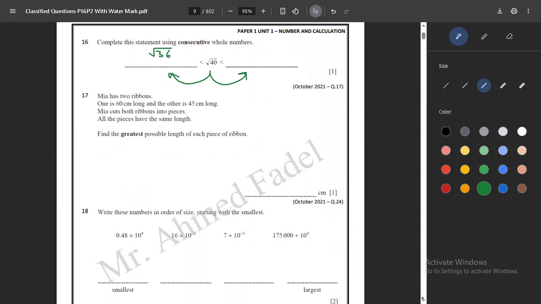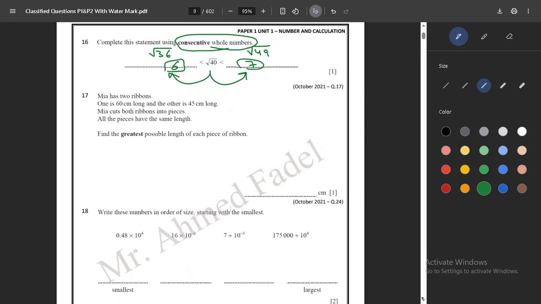And what is the perfect root after it? The perfect root after it is root of 49. So it is between 6 and 7, because square root of 36 is 6, square root of 49 is 7. And don't forget, don't write square root of 36, square root of 49, because they've said they want the consecutive whole numbers. So it's 6 and 7 is the answer.